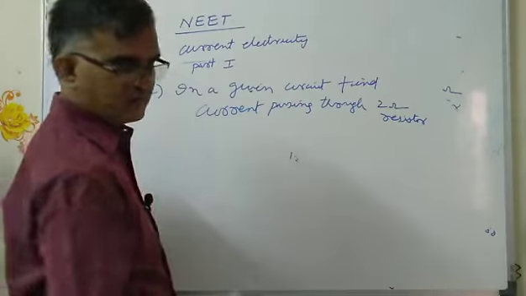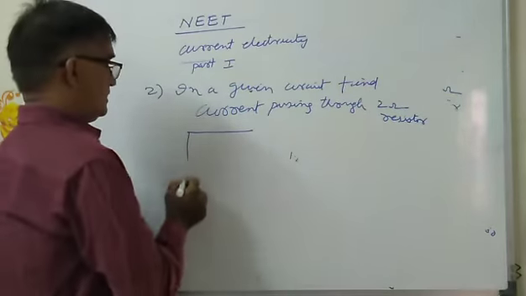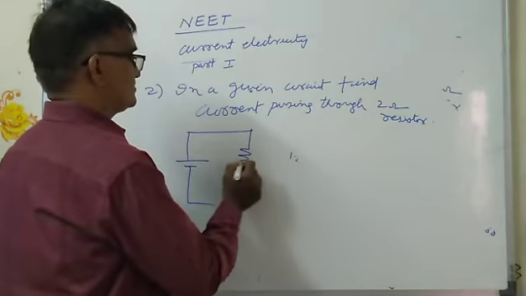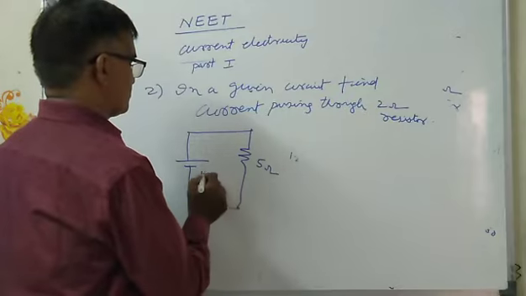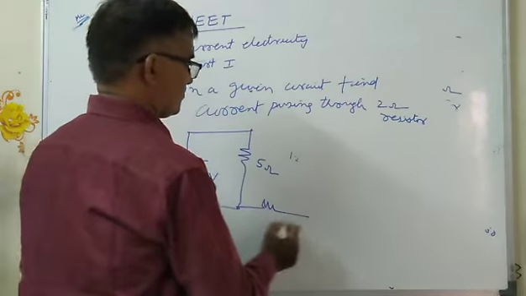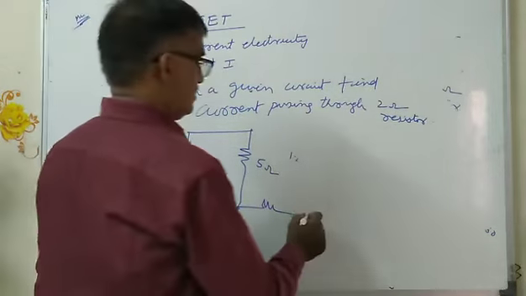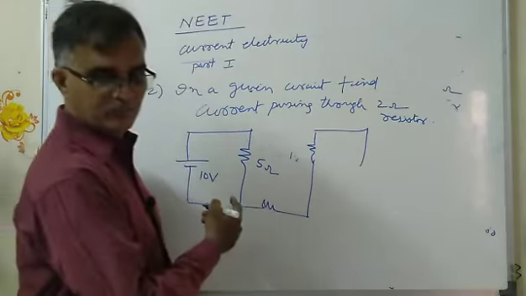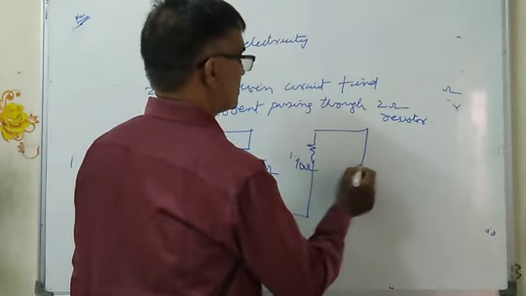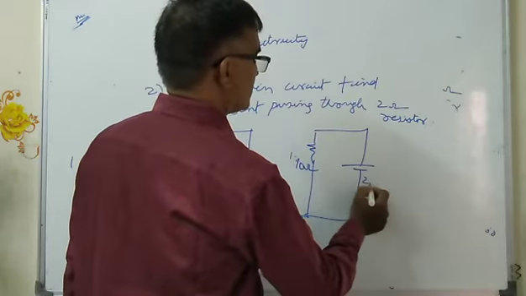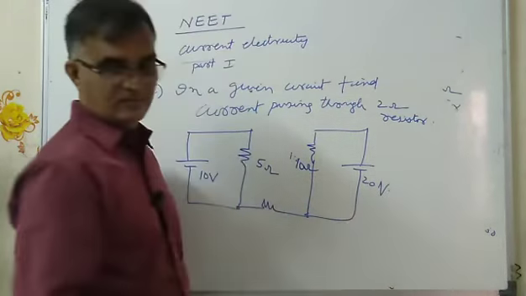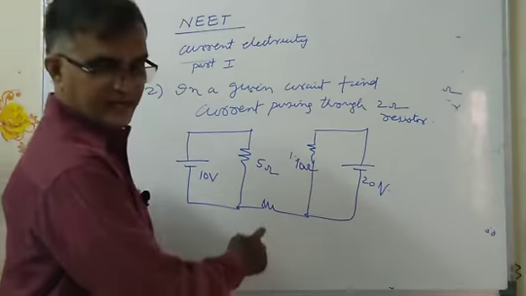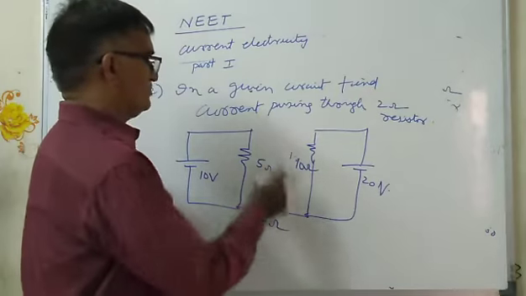In this, here you have 10 volts, here 5 ohms, here 10 ohms, here 20 volts. Now the current is unidirectional, so you are asked to calculate the current through 2 ohms.